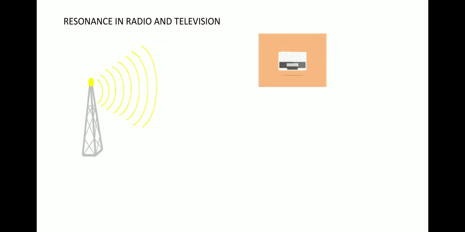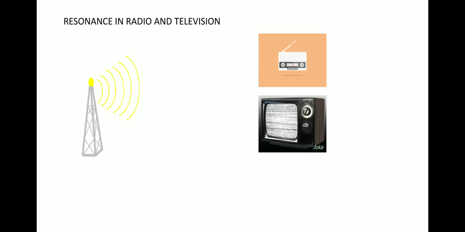Resonance in radio and television. While tuning the radio or the television set, they are required to be tuned in such a way that their frequency matches the frequency of the signal.